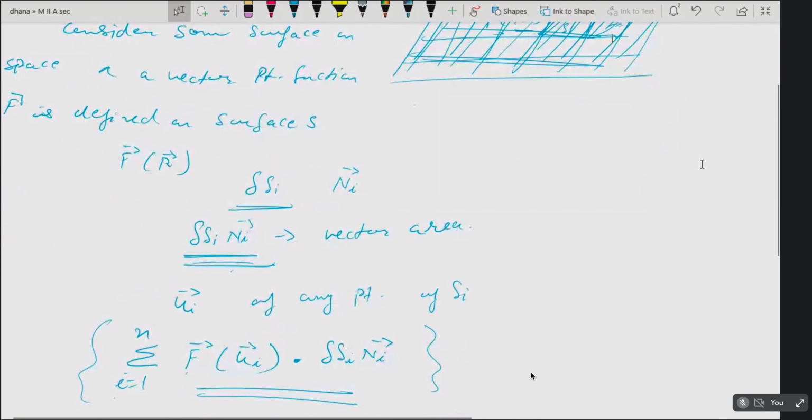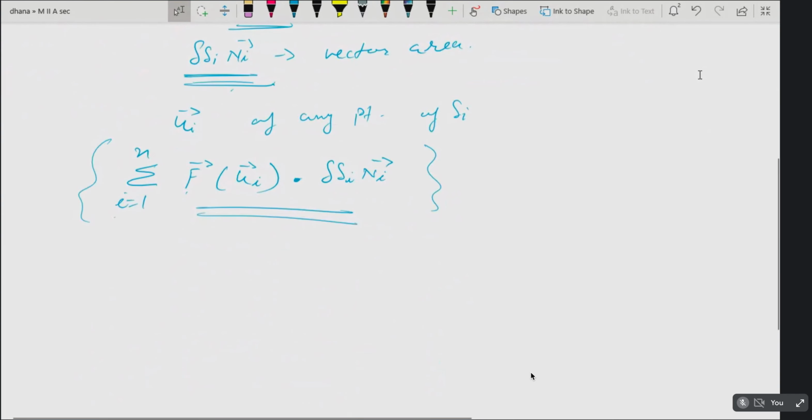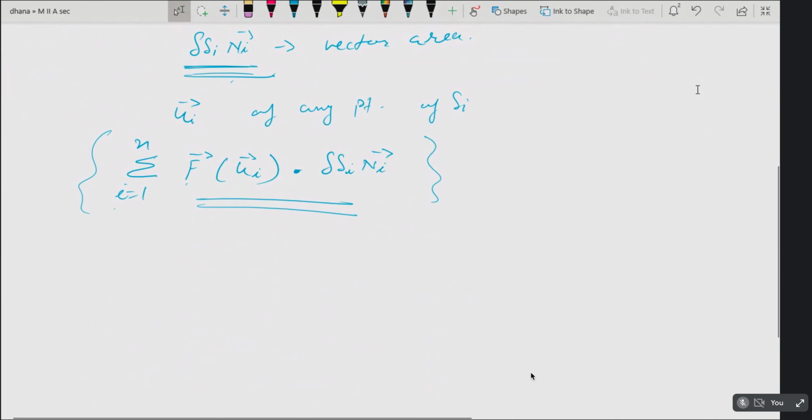Okay, so as n tends to infinity, which means I go on increasing my number of subsurfaces, the area del Si will decrease. That is, as n tends to infinity, del Si tends to 0.